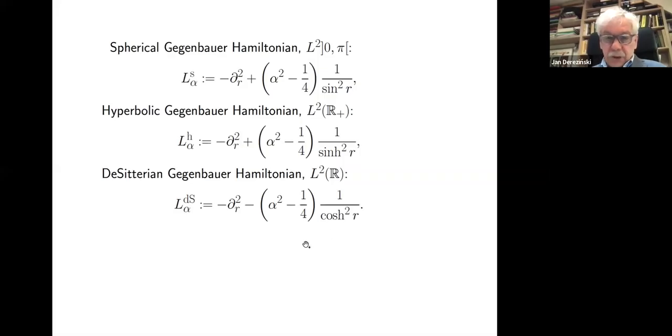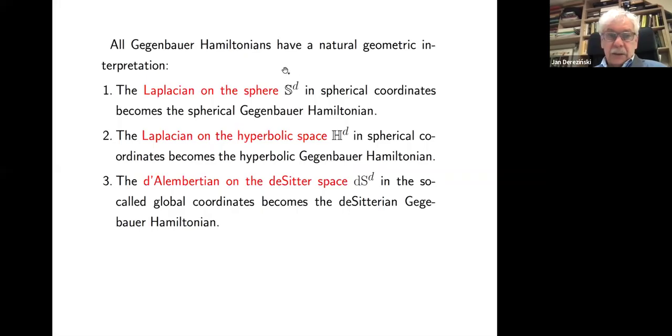But let me mention that these three types of Hamiltonians have very nice geometric interpretations, which you probably know. The Laplacian on the sphere in any dimension in spherical coordinates becomes the spherical Gegenbauer Hamiltonian.